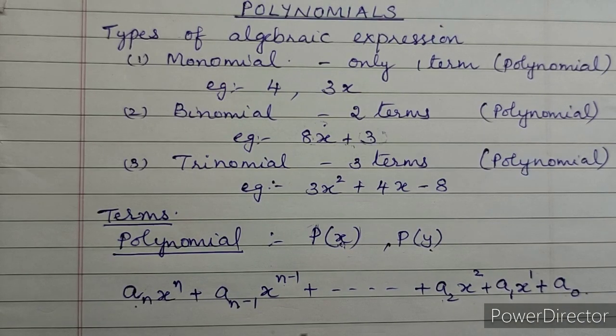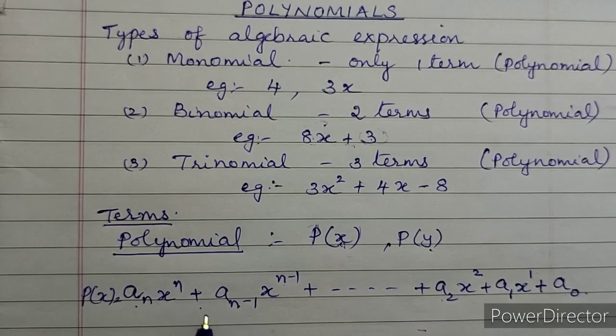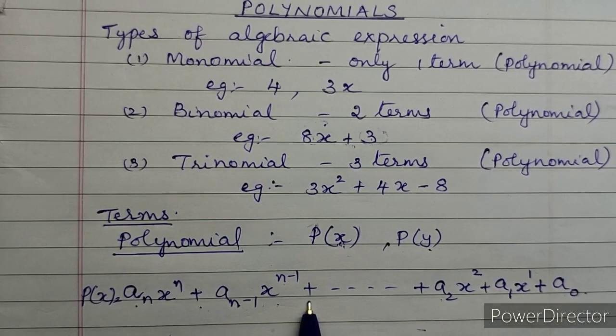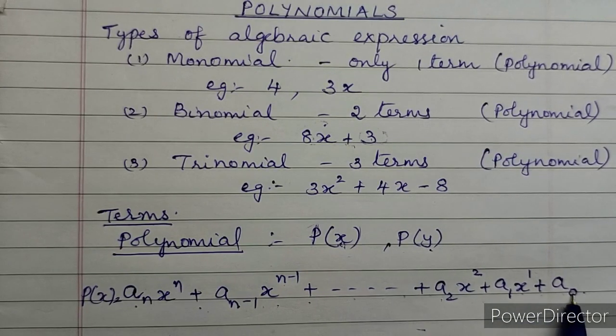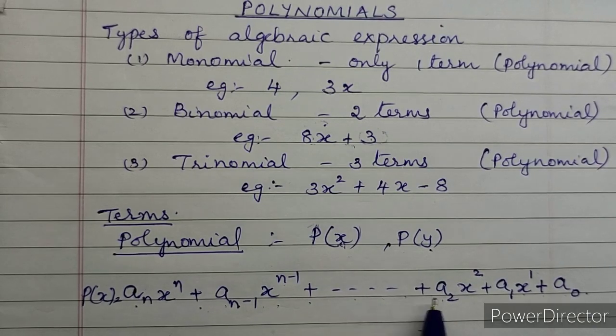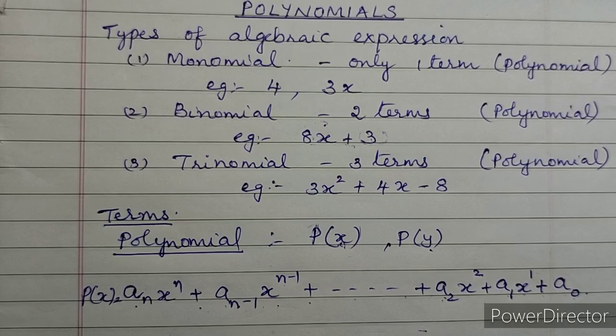So a polynomial p of x in one variable x is an algebraic expression in x of the form p of x equals an x to the power of n plus an minus 1 x to the power of n minus 1 plus etc. plus a2 x square plus a1 x to the power of 1 plus a0, where an minus 1 etc., a2, a1, a0 all are constants.